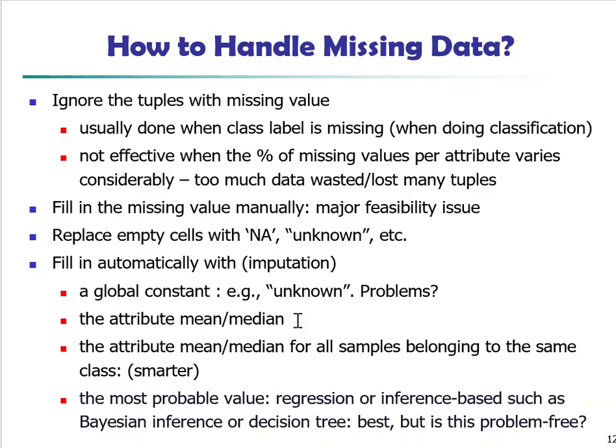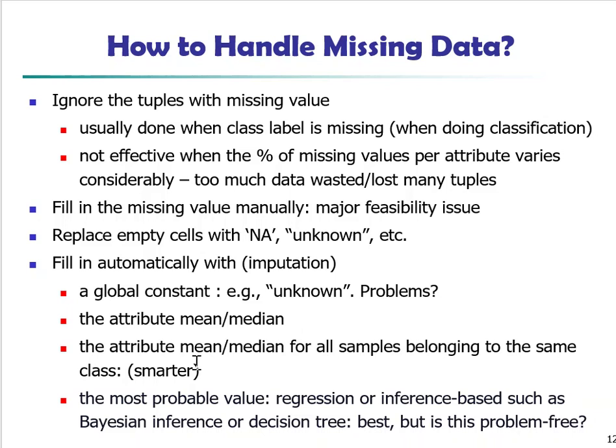This could also be the mode if you have categorical values. Well, this can be a way to deal with it, but if you have lots of data missing, you have a smaller number of data available. Using a smaller number of available data to fill in a larger number of missing data, you certainly have introduced a lot of bias into your data set by using this method, right?